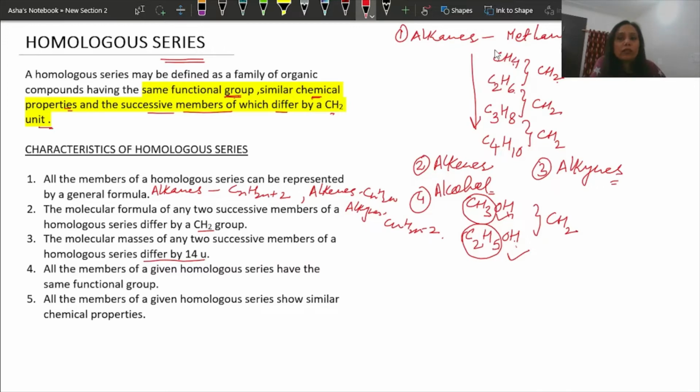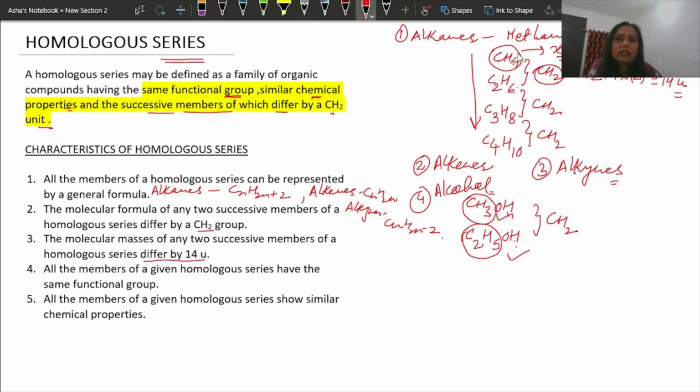The molecular mass is calculated by adding the mass of individual atoms, right? If CH4 has a molecular mass of X, then this X will increase by a CH2 unit. Carbon has a mass of 12, hydrogen has 1 and it is 2 in number here, so it will come as 14 u.